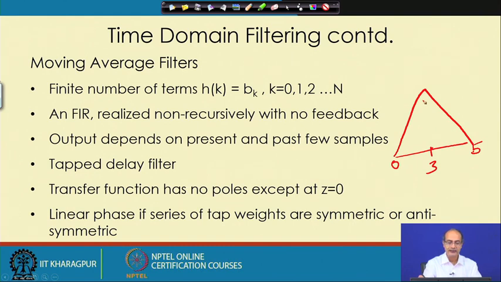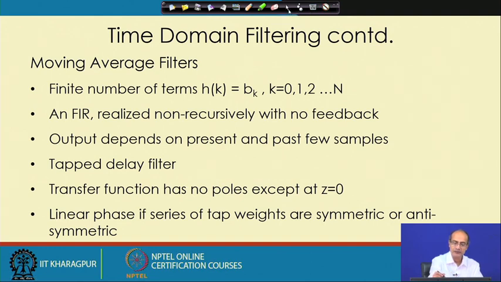In that case we get a linear phase. We can also have anti-symmetry, drawn like this. In both cases we get linear phase. We will go through some examples that will help us realize what we mean.